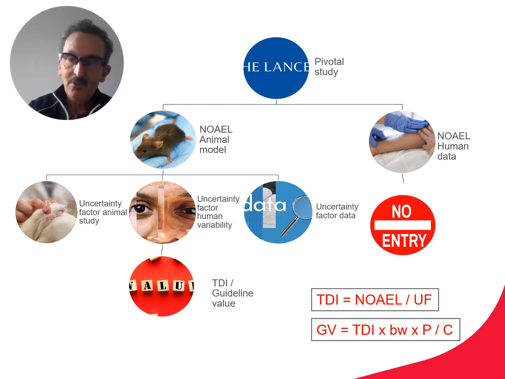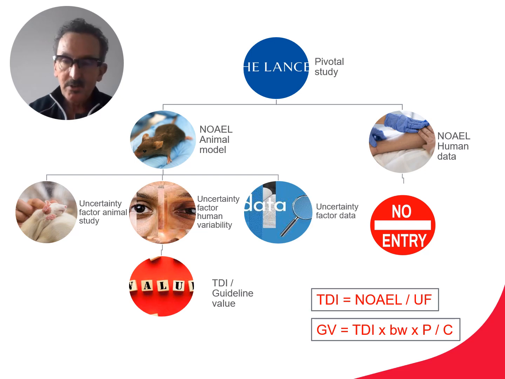So there's uncertainty in that extrapolation from short-term exposure in the experimental study to lifetime exposure via drinking water. So this is how you arrive at the TDI, the NOAL from the animal model divided by 1000 in this case, 3 times factor 10.